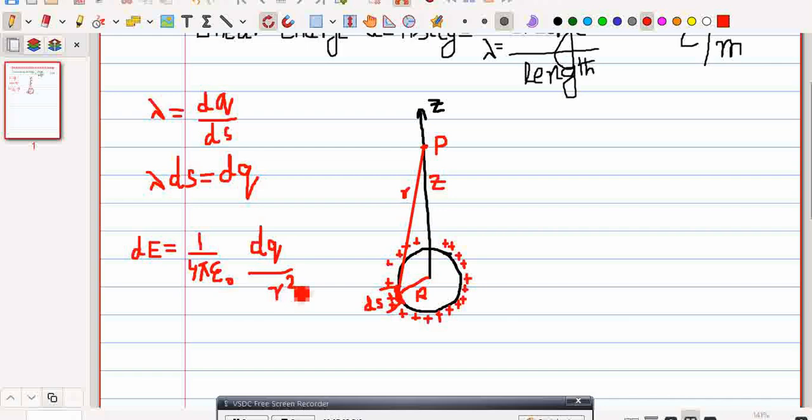Okay, understand it? It is very easy to understand. Now put the value of dq here. dq is equal to lambda ds.